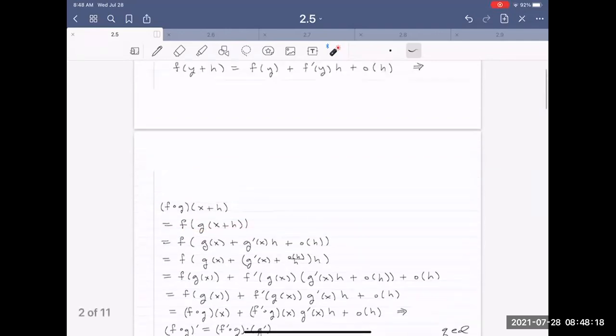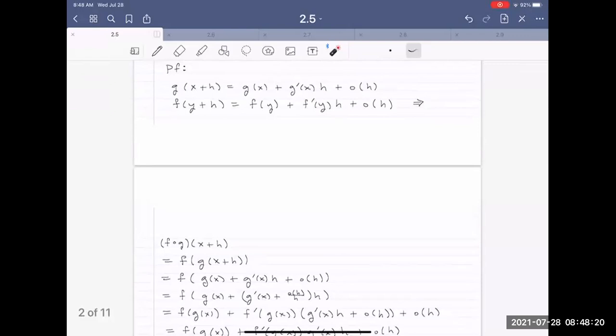Well, what is g of x plus h? It is g of x plus g prime of x times h plus little o of h, and I'll replace my g of x plus h by that. So this is equal to f evaluated at g of x plus g prime at x times h plus little o of h.